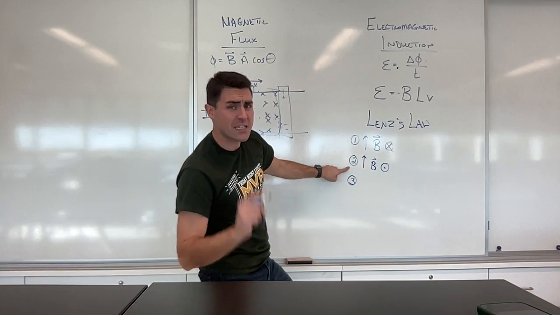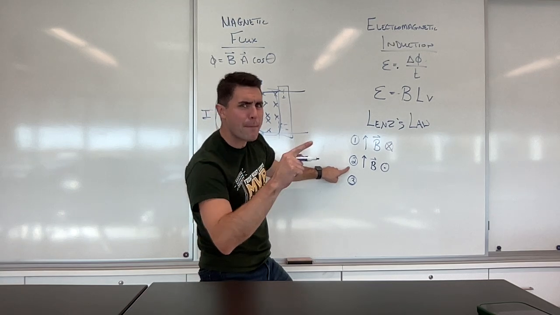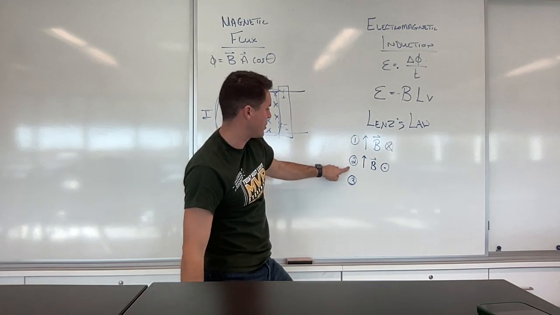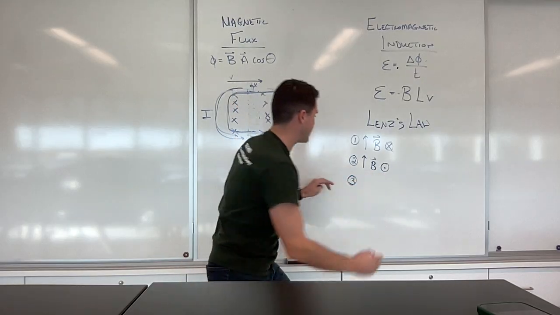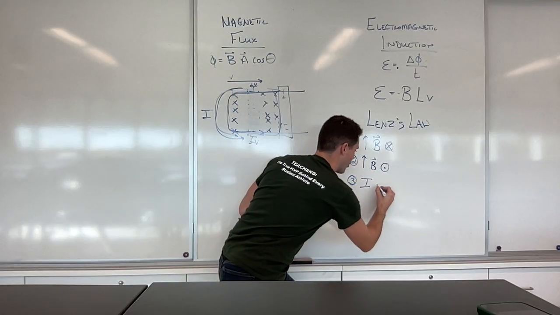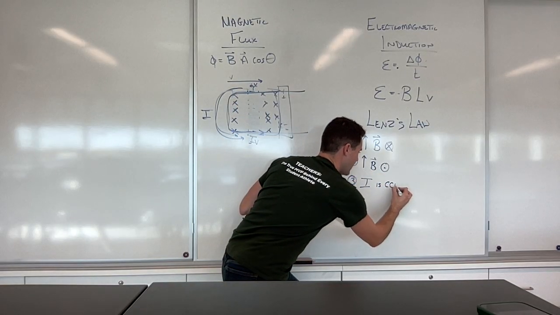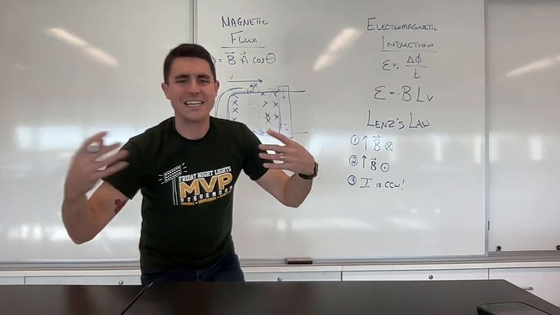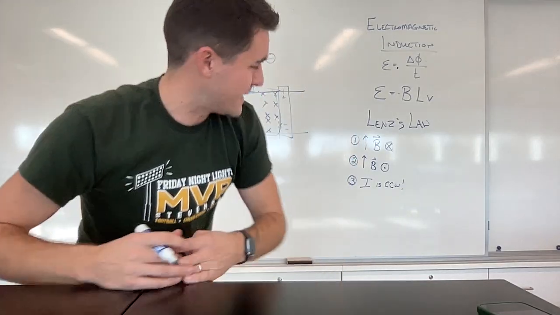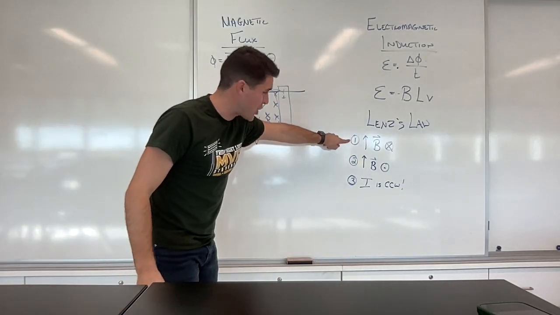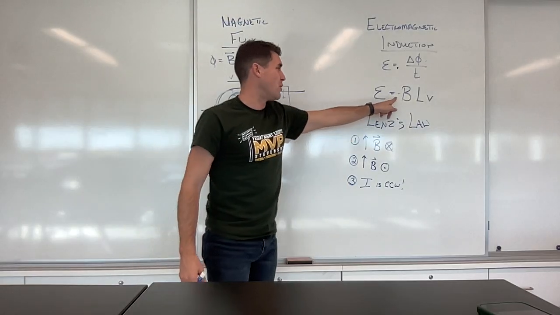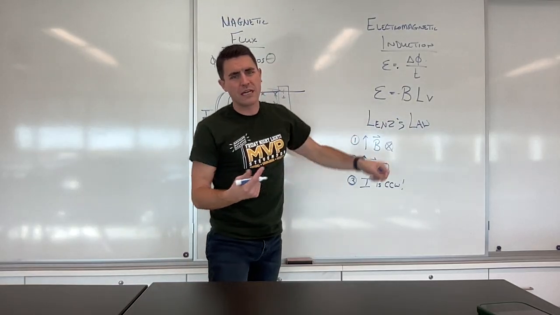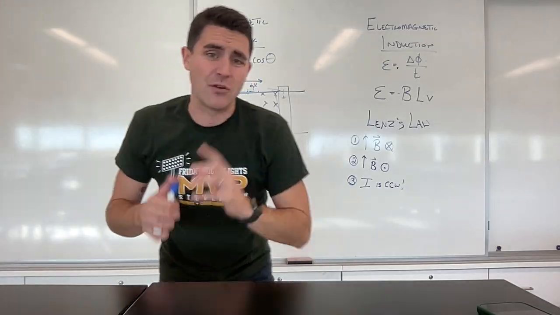The opposition to that, which is Lenz's law, we want to oppose that change, is an increase in B field out of the page. How can we get that? We can get that if the current is counterclockwise. This is Lenz's law. Basically, it's saying any change made will be opposed by the induced current. And folks, that kind of makes sense why there's a negative sign out front of here.